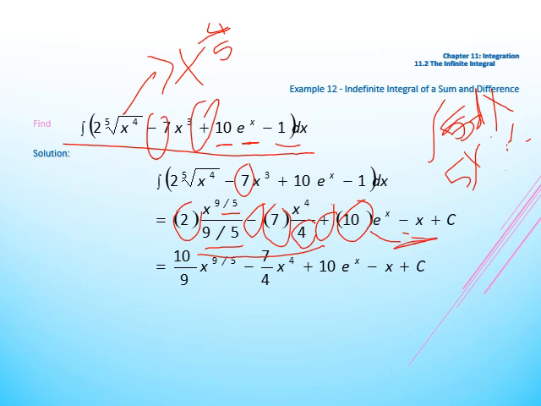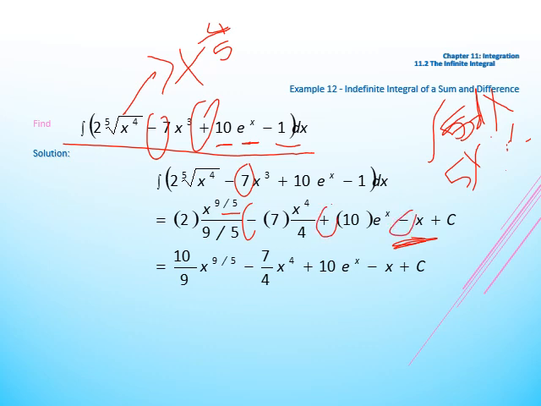Here it is the same concept, negative x. So we just calculate all these numbers together carefully, using the signs.